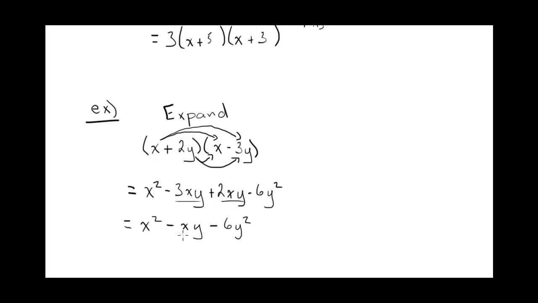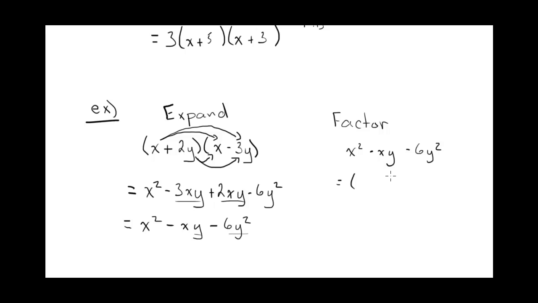Well, that looks pretty similar to the trinomials we were doing before, except now there's a y squared second and a y in the middle. Well, I could be asked to factor something like this, right? x squared minus xy minus 6y squared, and I'm going to do it the same way.